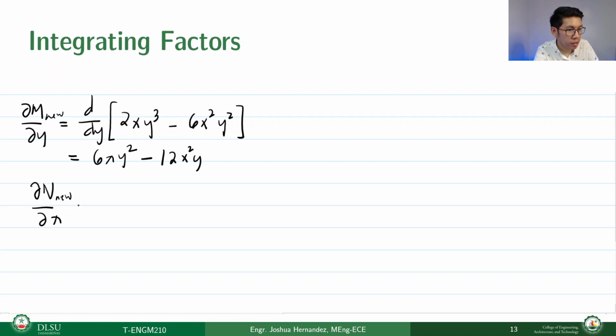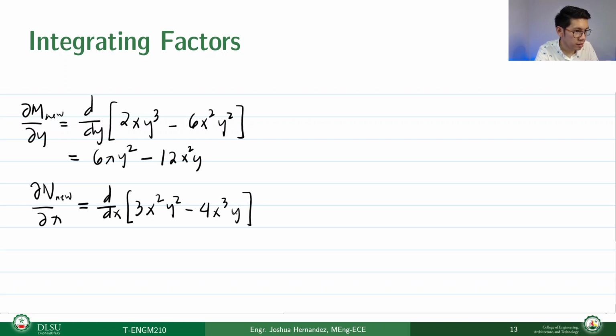Now, how about our N? Taking the derivative with respect to x of our new N, 3x squared y squared minus 4x cubed y, differentiating with respect to x and treating y as a constant, will give us 6x y squared minus 12x squared y.